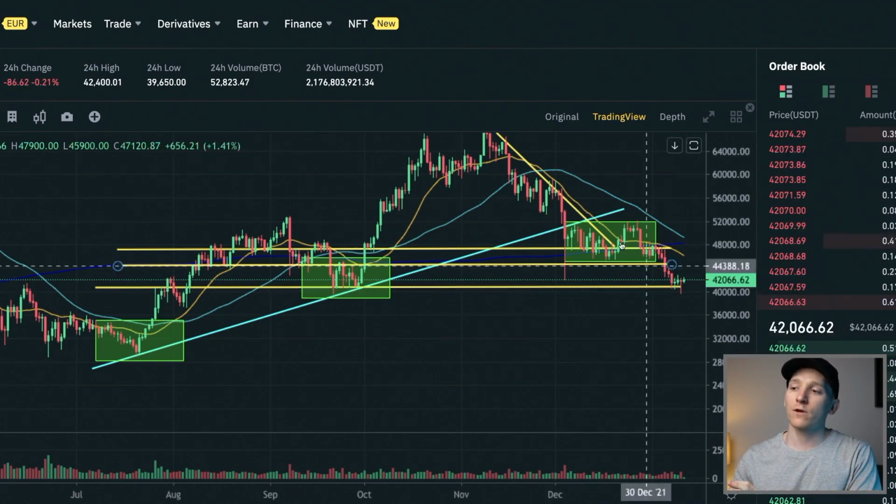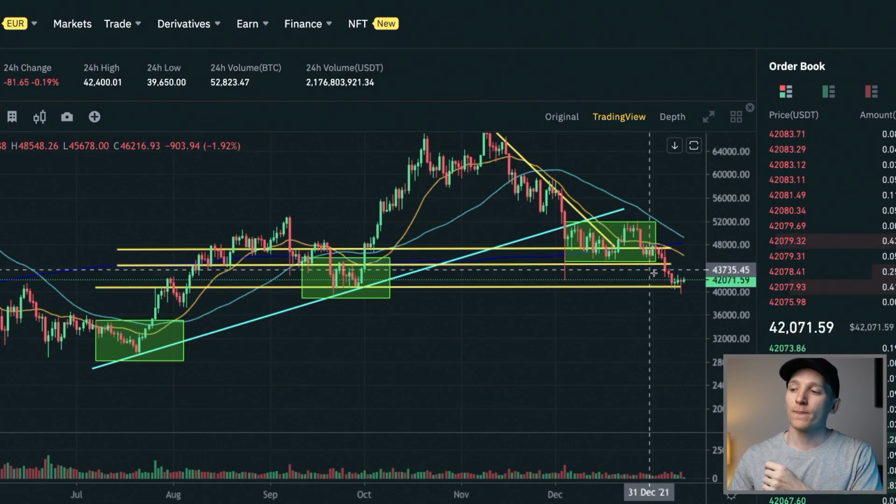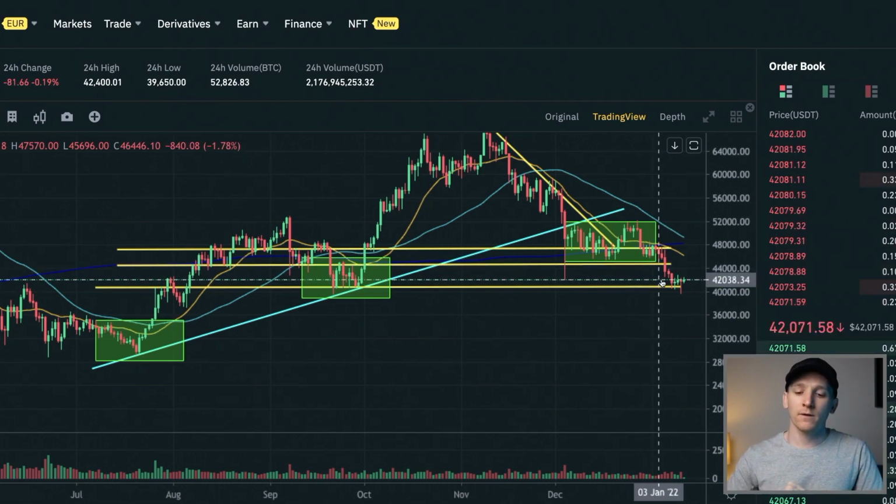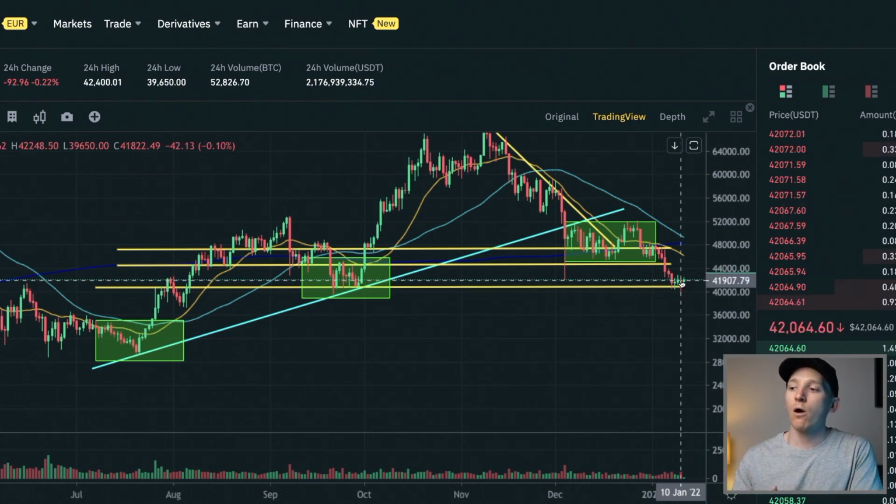What I would say is that this down move might be done, because we're seeing a lot of selling in the price and a lot of correlation between tech stocks and everything selling off massively. That has brought Bitcoin down. Are we going to get a little relief rally right here? Is there going to be a relief rally?